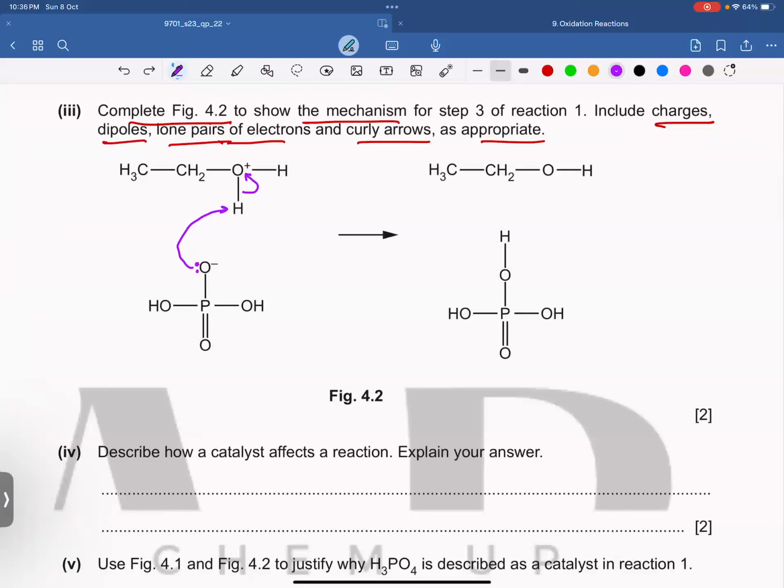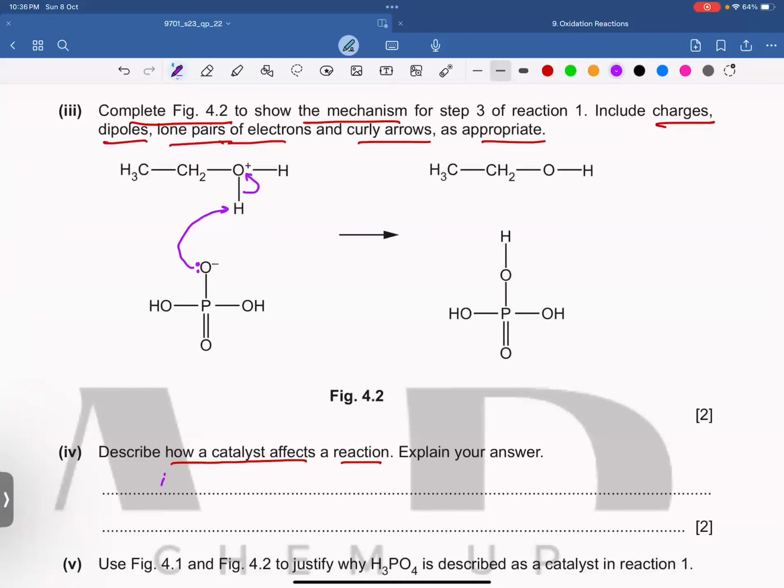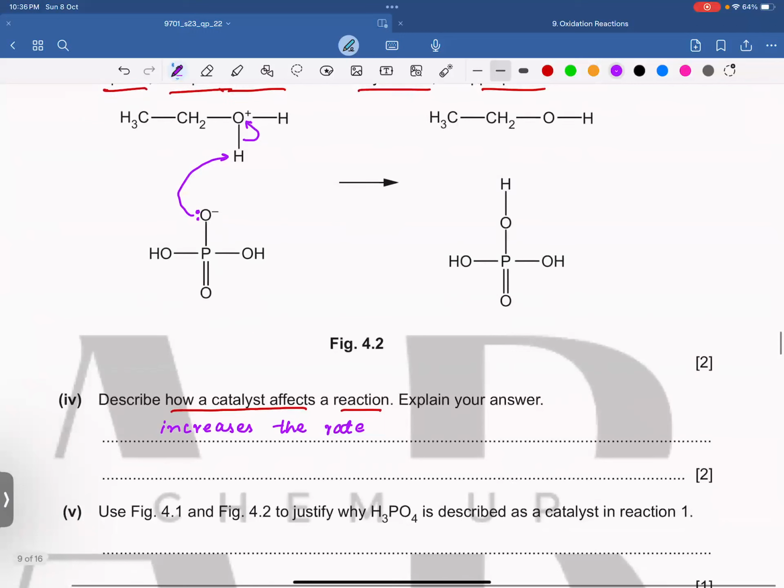Yes, sir. Yes, Saeed. Describe how a catalyst affects a reaction. Explain your answer. And it's of 2 marks. So we know it increases the rate of reaction without being used up in it. Yes, Abdullah.